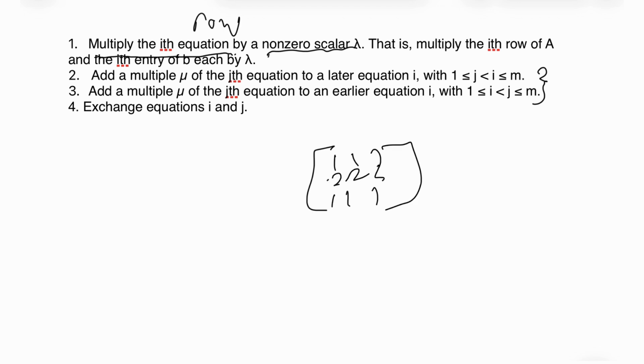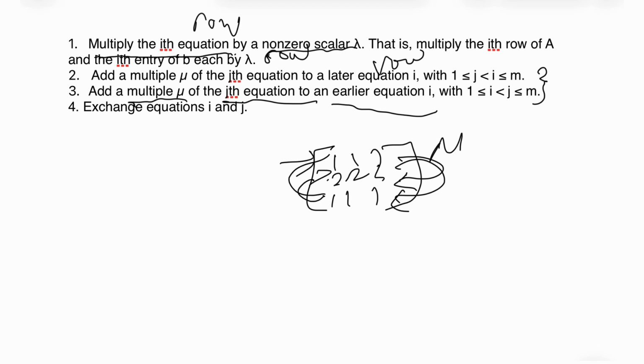I'm taking the jth row, multiplying it by whatever number mu, and adding it to a later row, i. This one is the same thing: take a multiple mu of any row and add it to an earlier equation. So this one goes downwards, this one goes upwards. We're doing the same thing as rule 3.